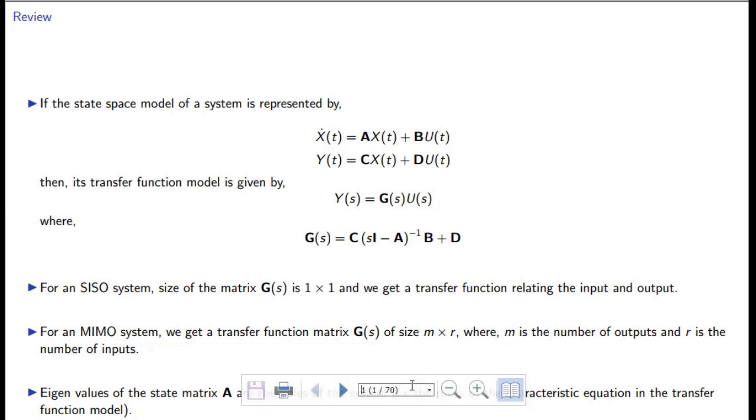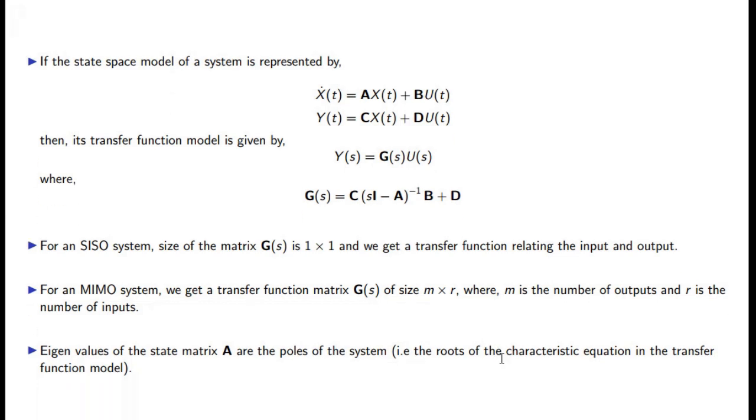This is what we learned in the fifth lecture, and along with that we understood that the eigenvalues of the state matrix are the same as the poles of the system, or poles of the transfer function. This matrix, the state matrix, contains the characteristic equation.